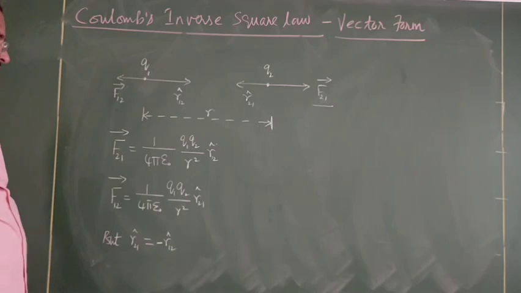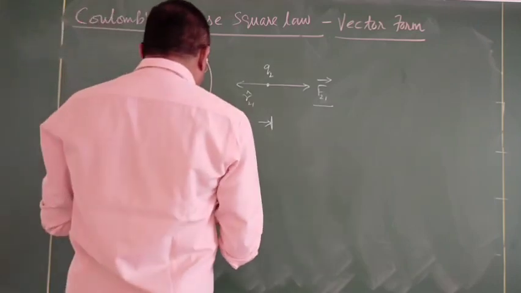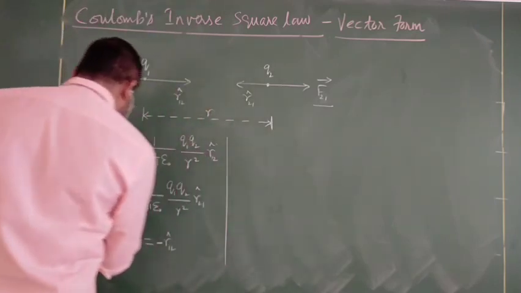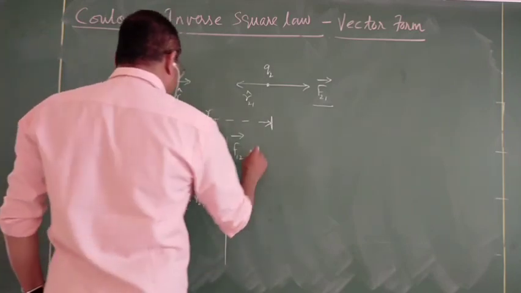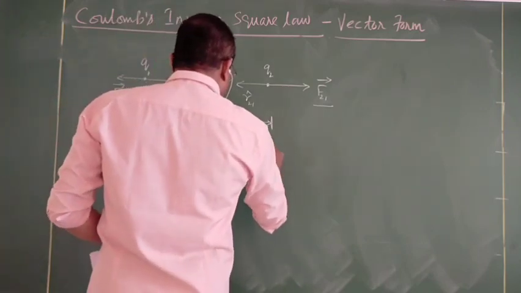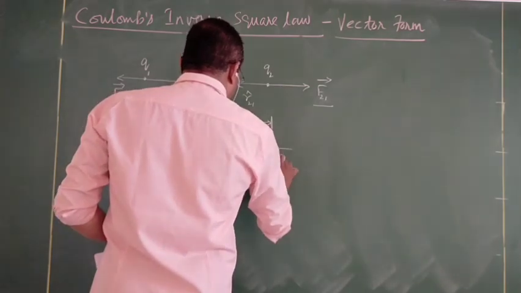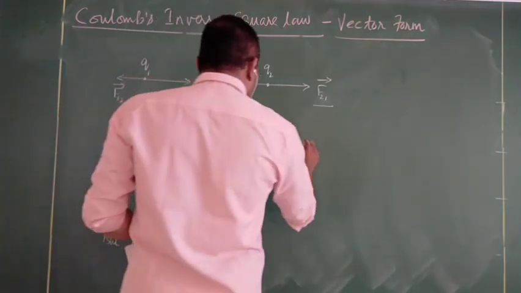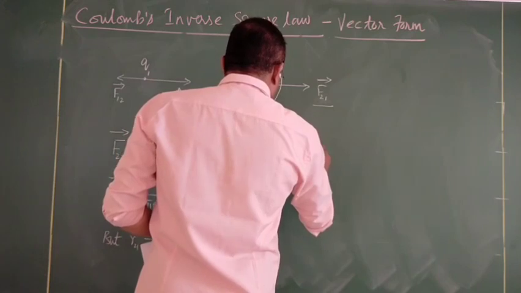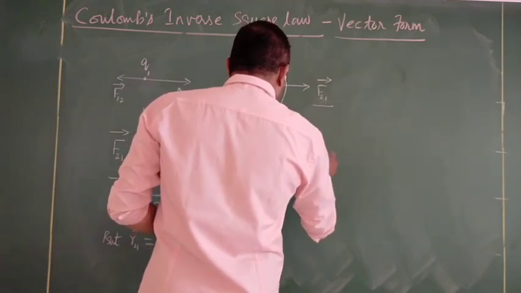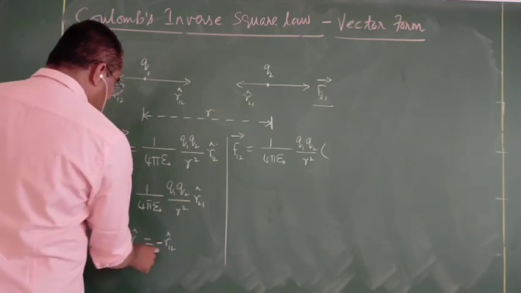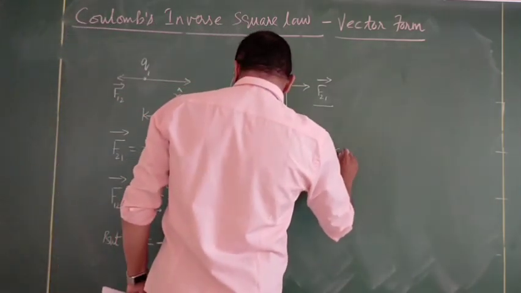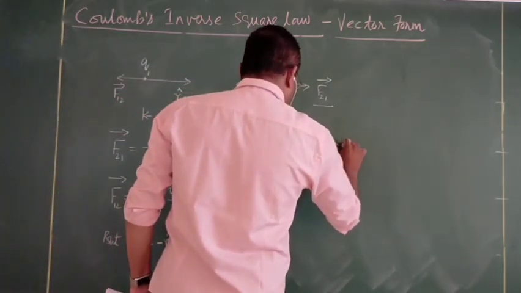Therefore, let me replace from this equation: F12 vector is equal to 1 by 4 pi epsilon naught Q1 Q2 upon r squared, and in the place of R21, minus R12 unit vector.